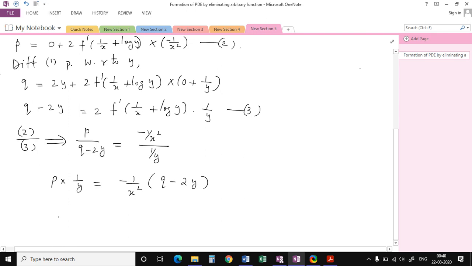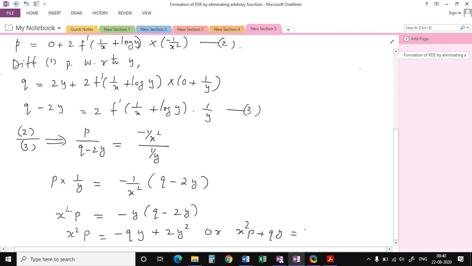So that we can write this as x square p equal to minus y into q minus 2y. Therefore x square p is equal to minus qy plus 2y square, or x square p plus qy equal to 2y square. So this is the required equation.